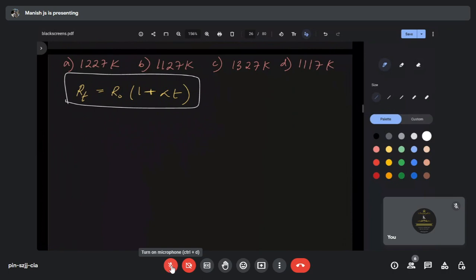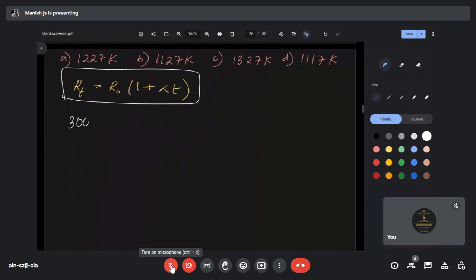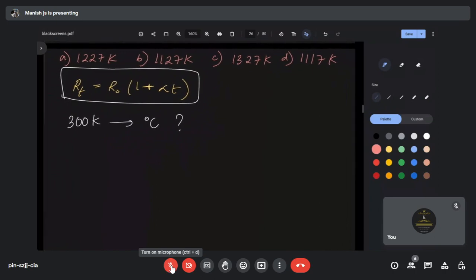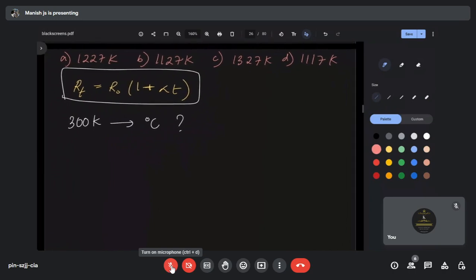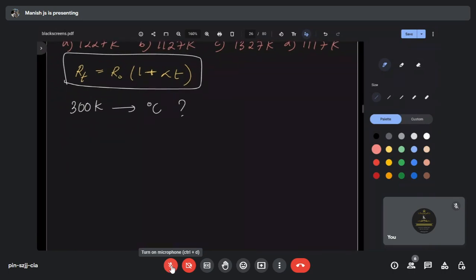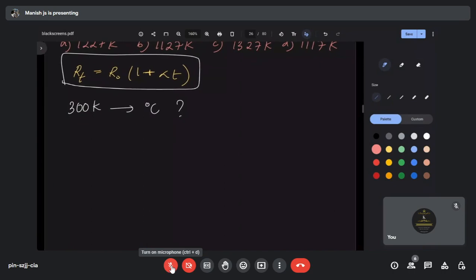So 300 Kelvin in Celsius, what is the value? What will you do for conversion from Kelvin to Celsius? Would you add 273 or subtract 273? Subtract, sir. Correct. So 300 minus 273.